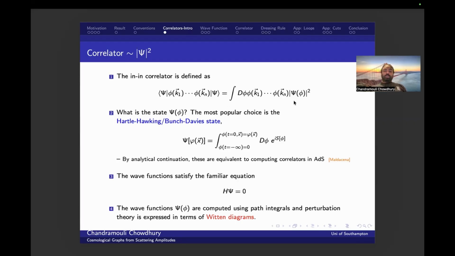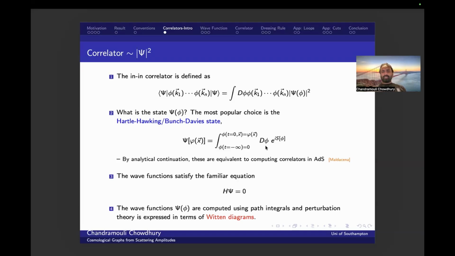Now, the state that we are going to work with is what's called the Hartle-Hawking or the Bunch-Davies vacuum, and it can be constructed out of a path integral of this kind, where you have some initial condition defined at early times, which for our purpose will be simply set to 0. This simply means you're starting with a free field at early times. It's basically a Gaussian state, and then you let it evolve, and the field gets some profile at late times, and the overlap of that profile with the state is given by this path integral.